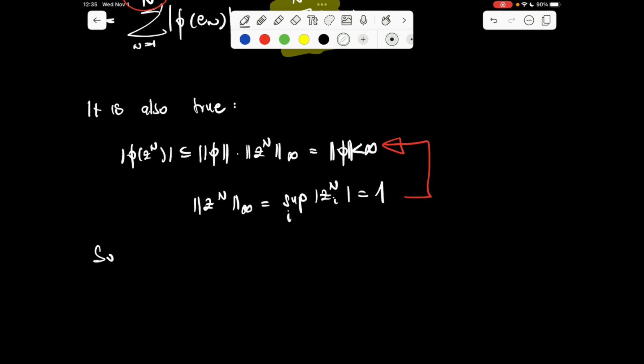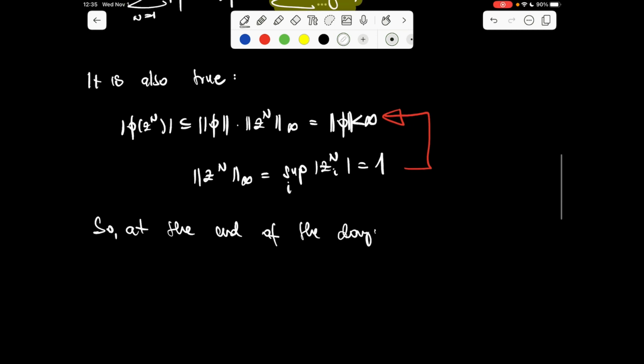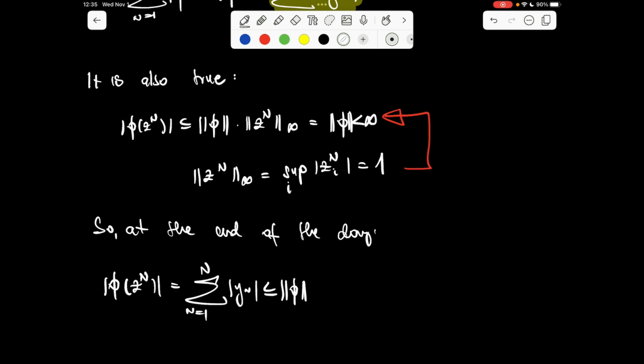So at the end of the day, we have this inequality: the norm of phi times the norm of Zn in this norm, which is finite.